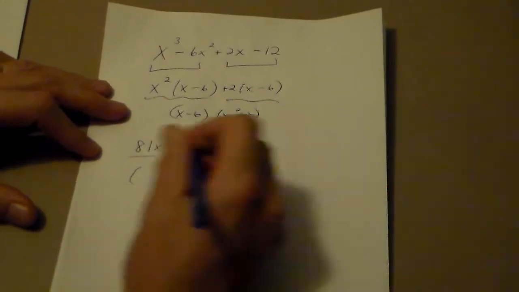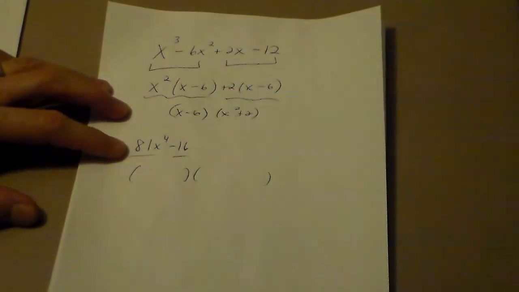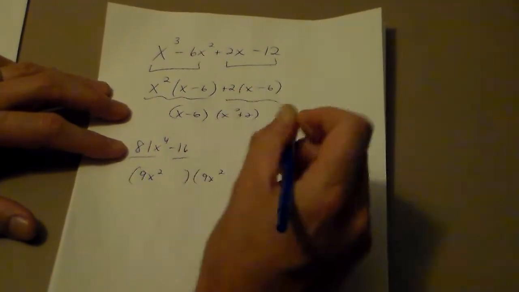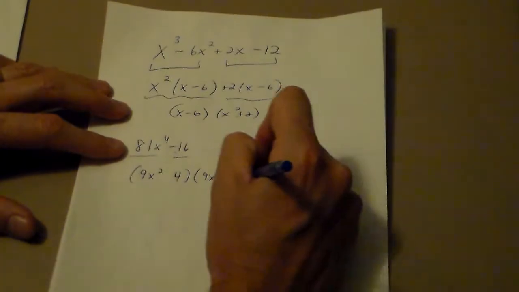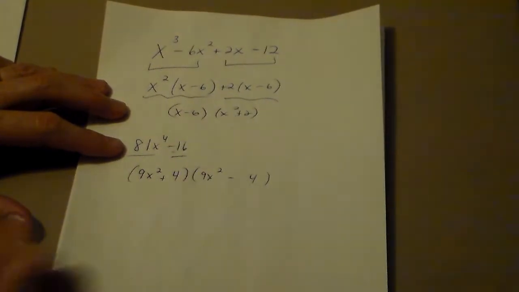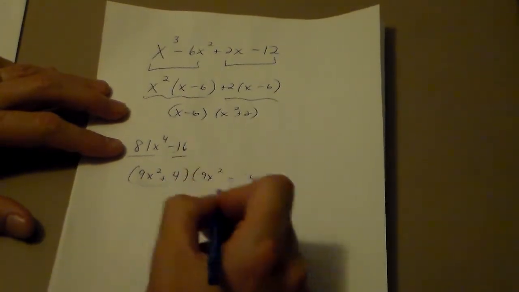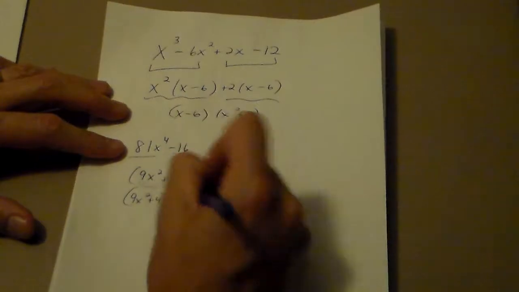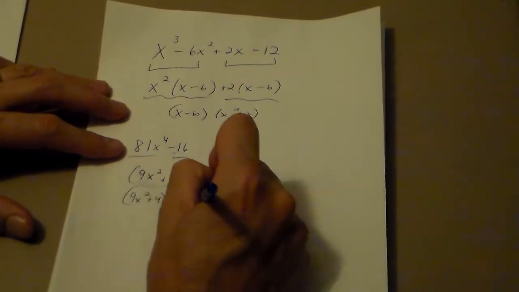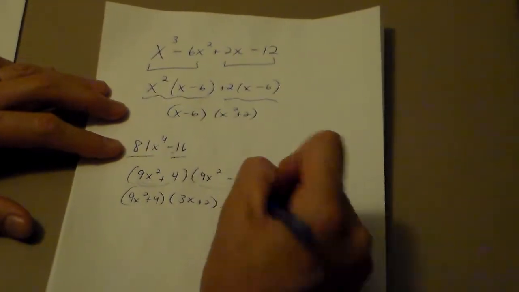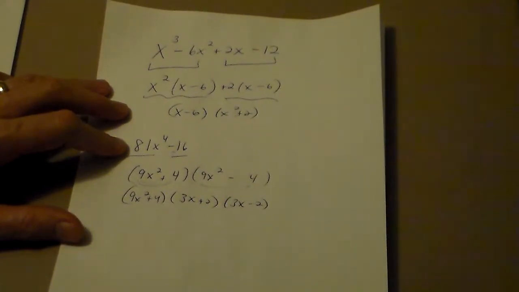The square root of 81x to the fourth is 9x squared, and the square root of 16 is 4. Then we put in opposite signs. This part of my problem is prime. This is not. I can factor that into 3x plus 2 and 3x minus 2.